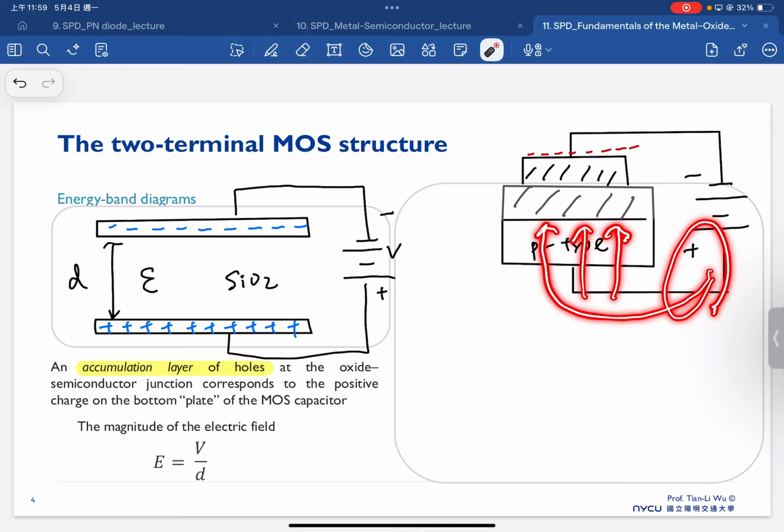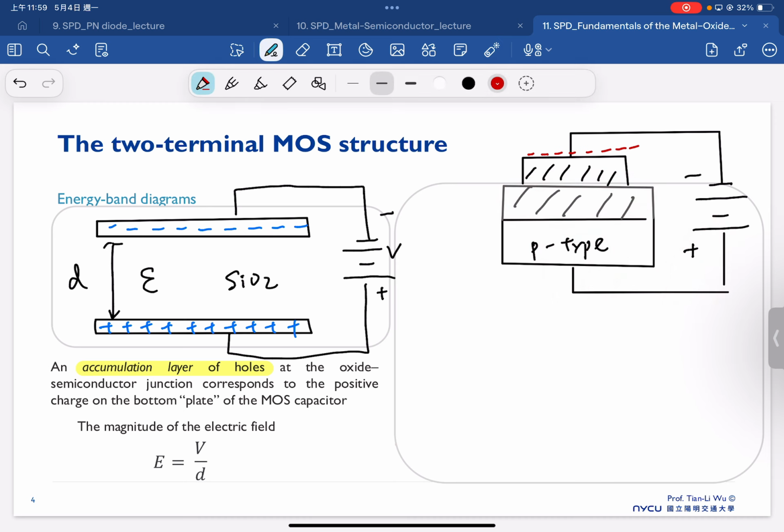Because we have a dielectric here, the holes will be accumulated below the dielectric. In general the holes are pushed from the substrate toward the dielectric, but ideally they cannot flow into the dielectric, so the holes accumulate below it.